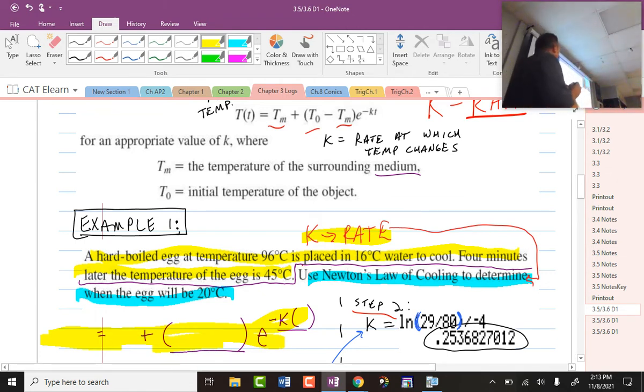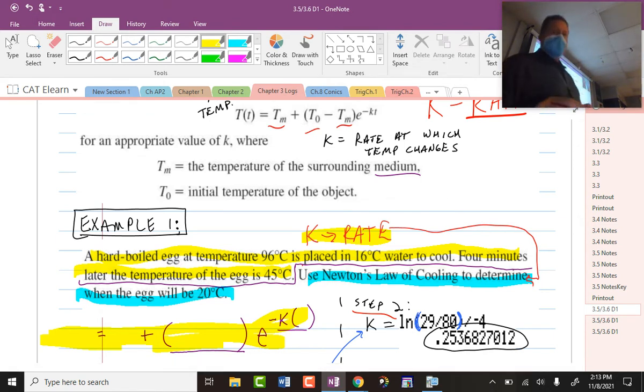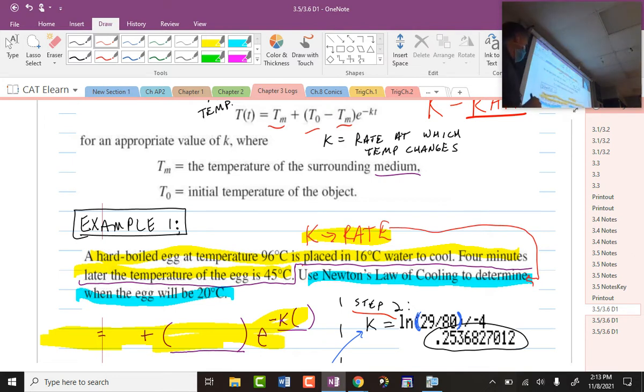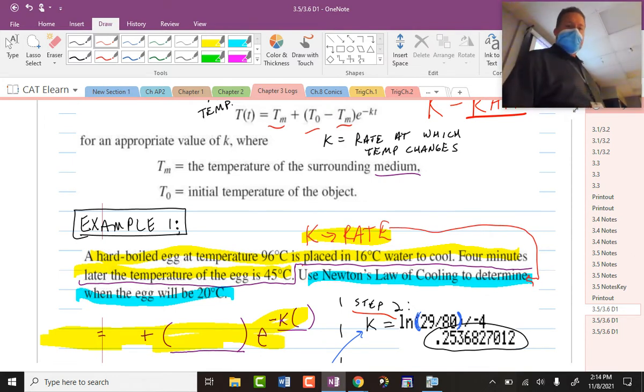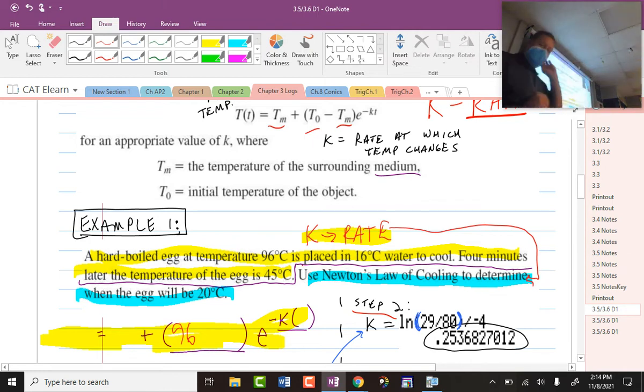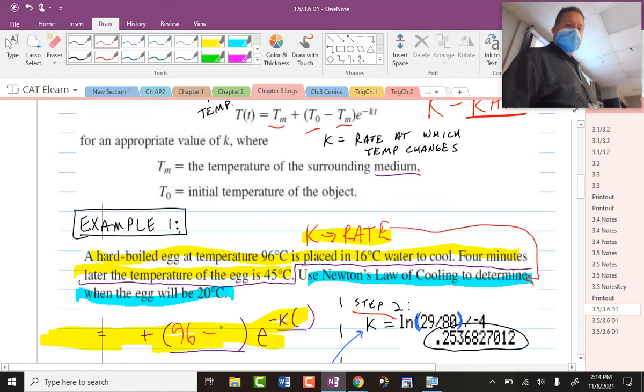Okay, a hard-boiled egg. Let's get the easy one out of the way. What's T sub 0? We'll start putting that in there. The initial temperature, which is what? 96. So 96 goes right here. Where do we place the egg to start cooling it down? That's T sub M. So this is 16.